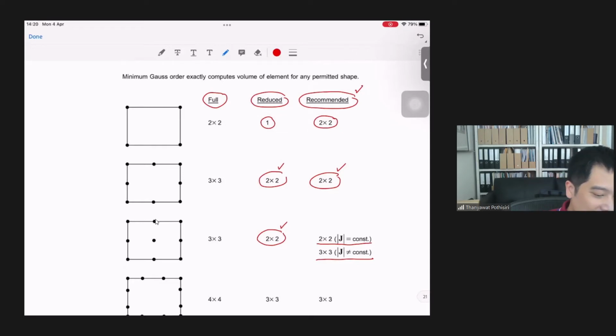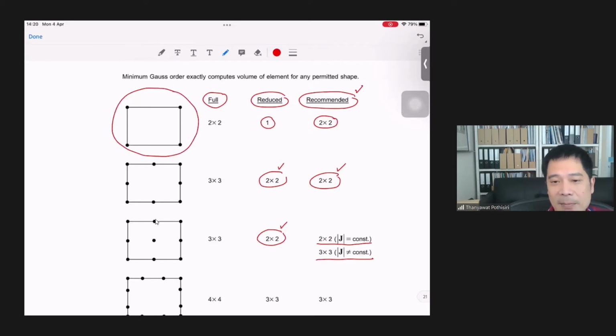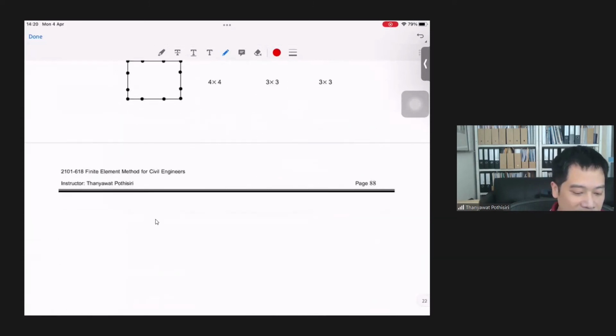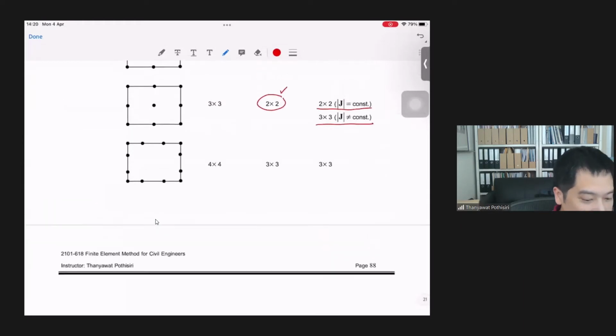Now, for this 4-node element, for example, why do we prefer using a 2 by 2 instead of a 1-point rule? Okay.